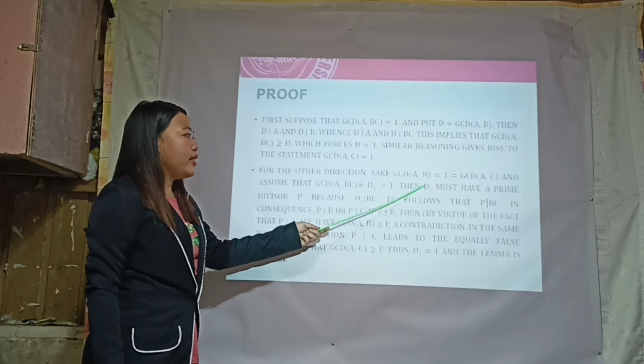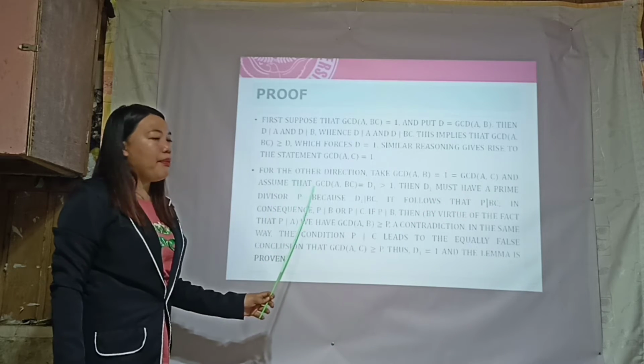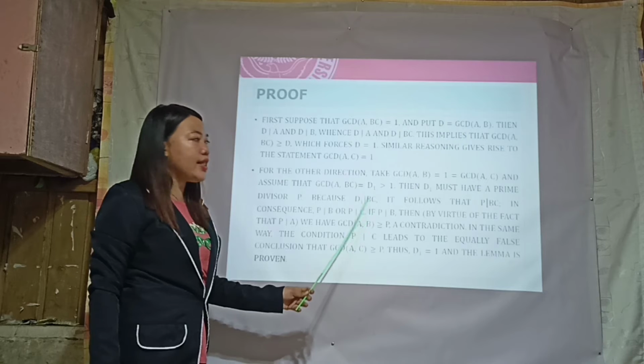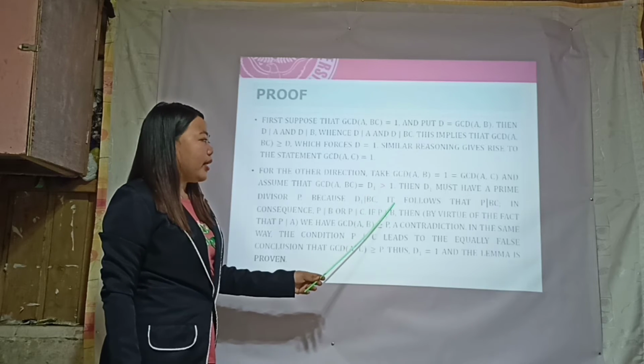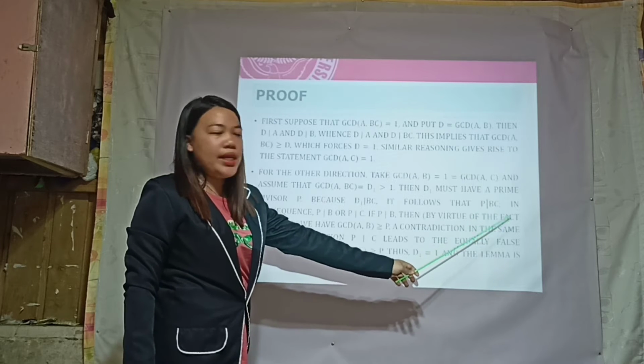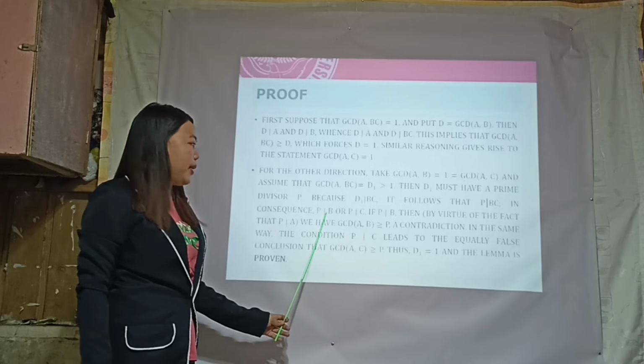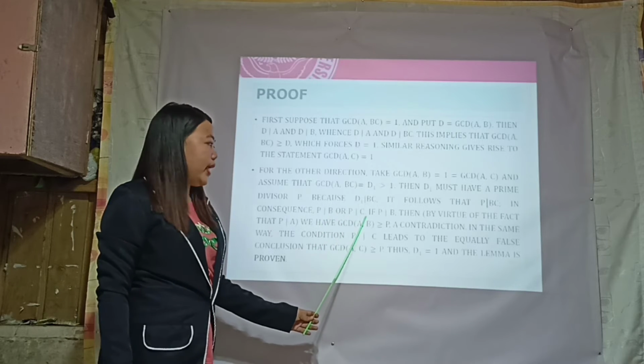Then d sub 1 must have a prime divisor p, because d sub 1 divides bc. It follows that p divides bc. In consequence, p divides b or p divides c.